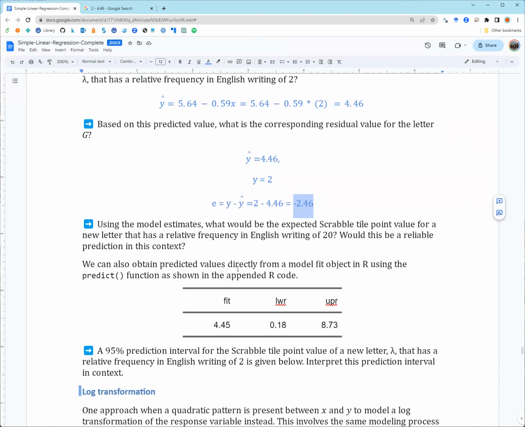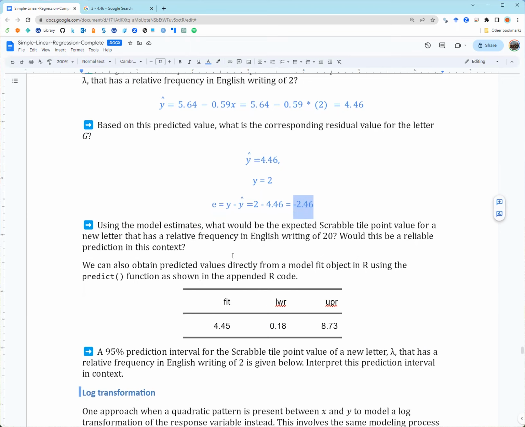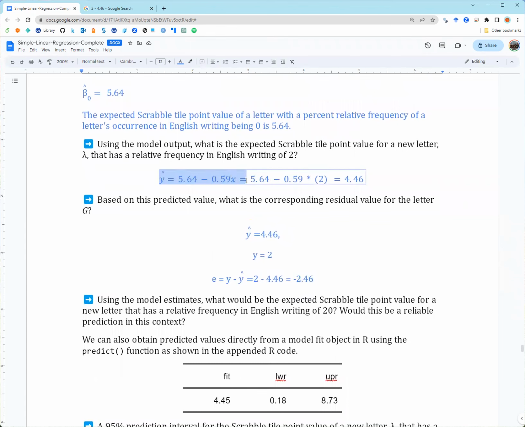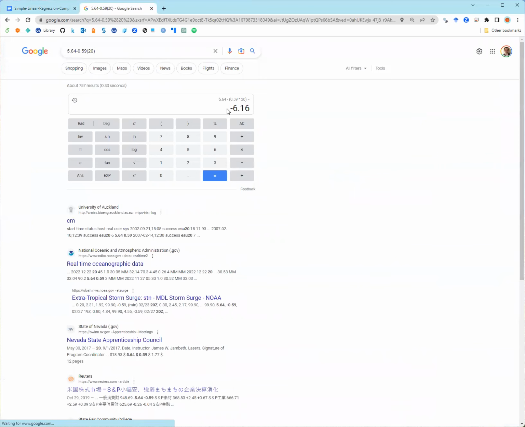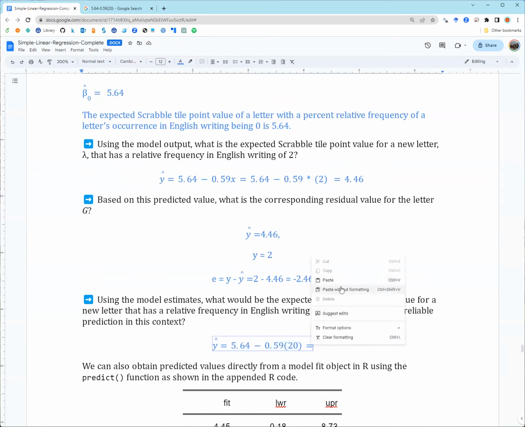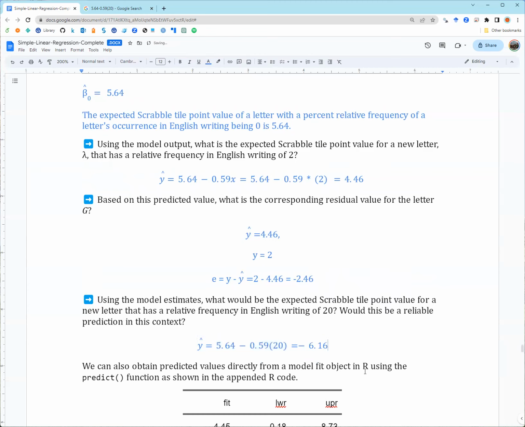All right. What about if we had a new letter that had a percent relative frequency of 20? What would the predicted value be for that? Well, it would be like this: negative 6.16.